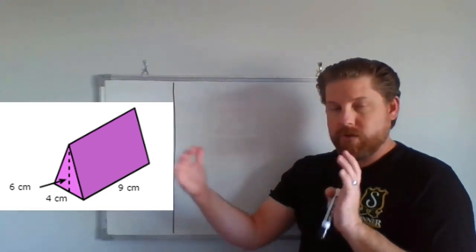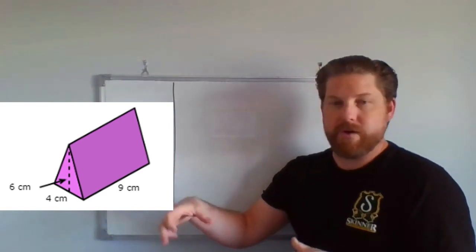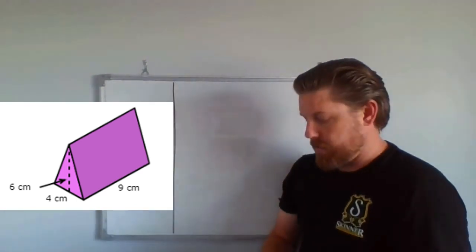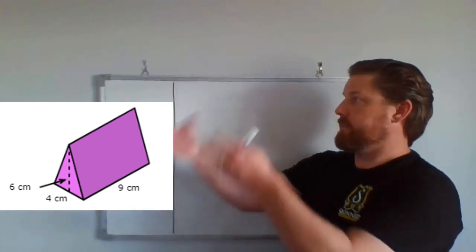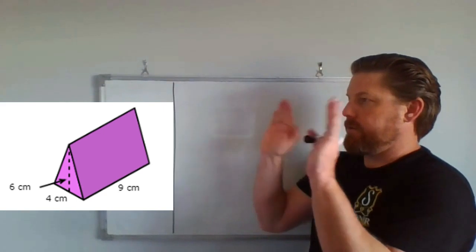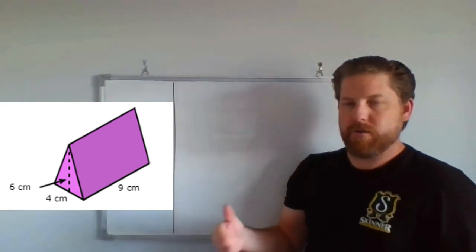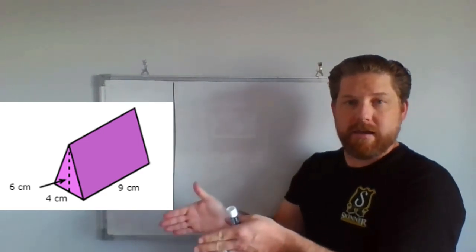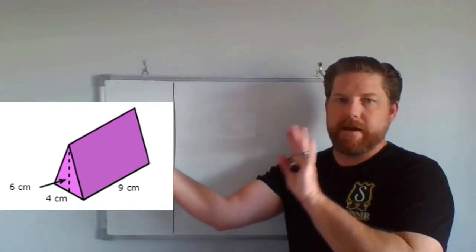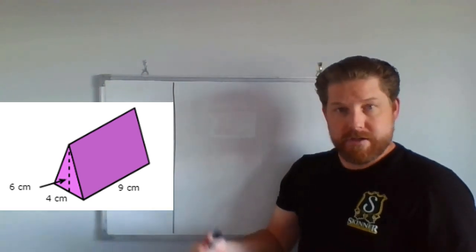So a triangular prism has 2 triangle faces, and looks like it has 3 rectangular bases. Of course, you could take that triangular prism and stand it up so that its base is a triangle, and then it has rectangular sides. But we generally think of triangular prisms as laying on its rectangular base and having those 2 triangle end pieces on there. Okay, so still definition of a prism.